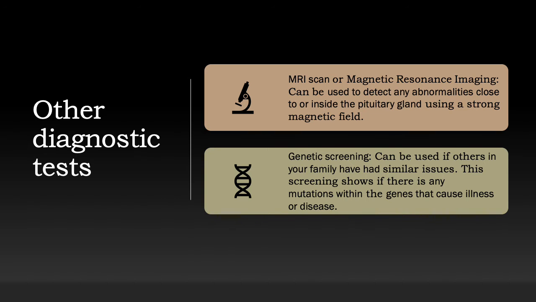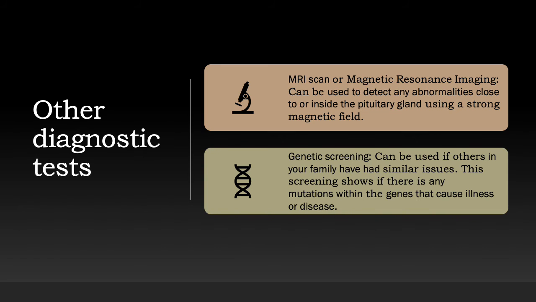And then some other diagnostic techniques for diabetes insipidus is an MRI scan, or magnetic resonance imaging, detecting any abnormalities inside the pituitary gland or near the pituitary gland using a strong magnetic field, and that is more for central diabetes insipidus because that has to do with the hypothalamus or the posterior pituitary.